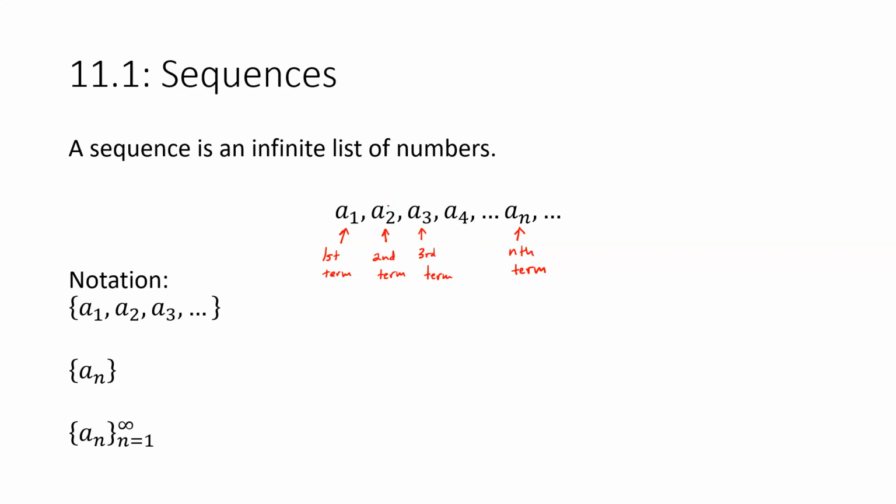And like I was saying earlier, we can think of a sequence as a function. In this case, it's not a continuous function that can take on any value of x and spit out a number. Instead, it only takes input values that are natural numbers, right? So for instance, the function at 1 is a1, the first term. The function at 2 is a2, the second term, and so on.